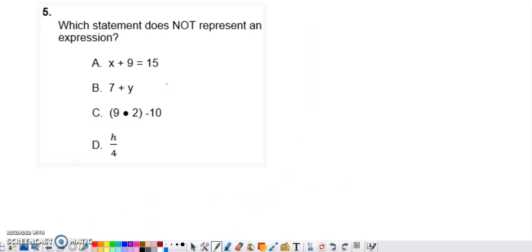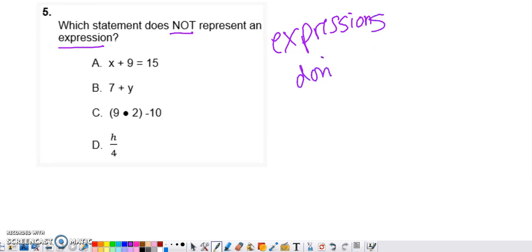Okay, number 5. Which statement does not represent an expression? So which of these is not an expression? The easiest way to answer this is remember that expressions do not have what? Good job. They don't have equal signs.